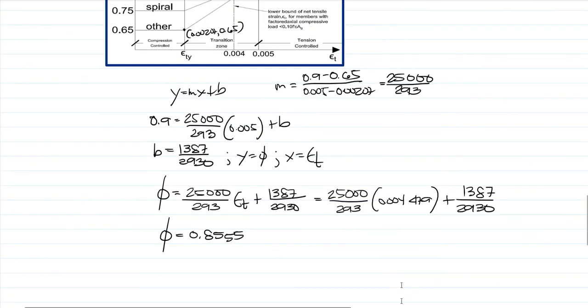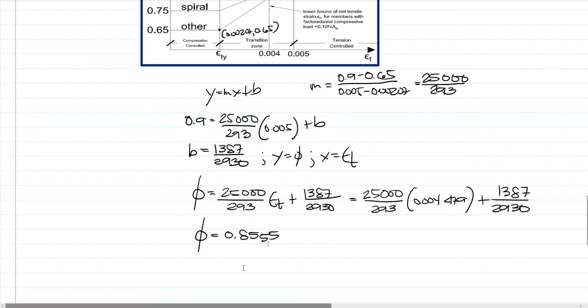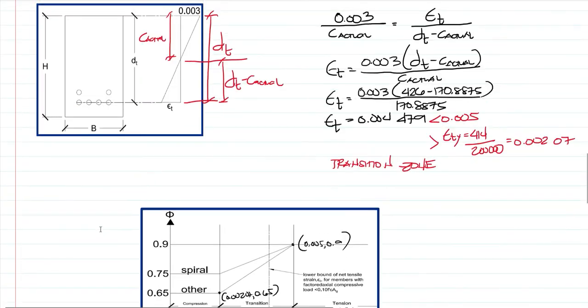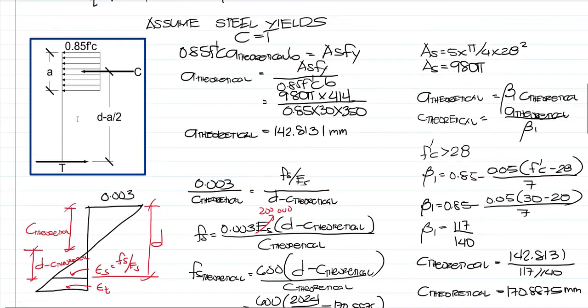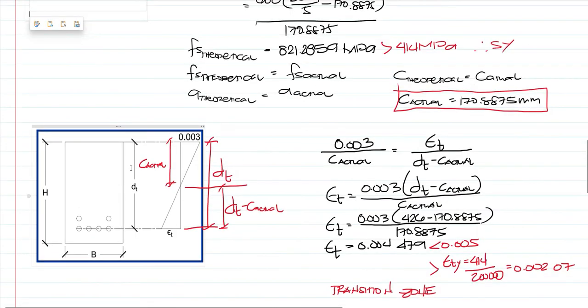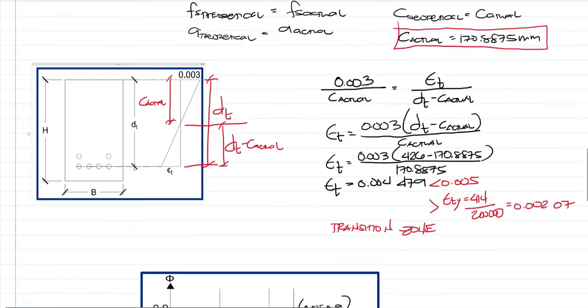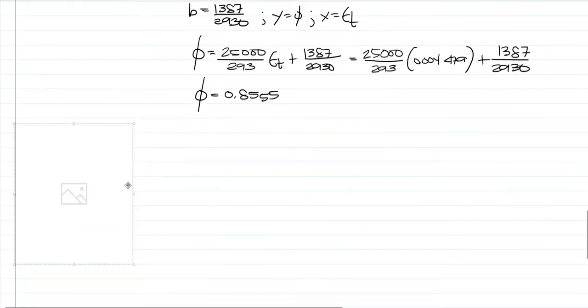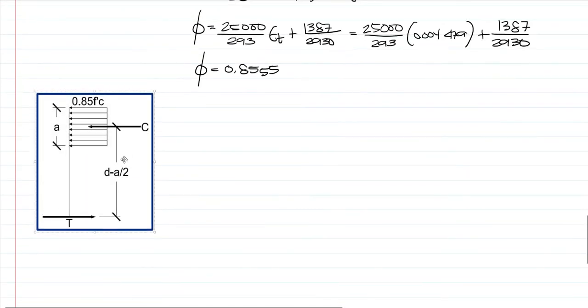So, now we can proceed in getting our nominal moment by using our stress diagram. So, syempre, kunin lang natin yung stress diagram sa taas. This is just the same. So, itong stress diagram na to, ito ngayon yung gagamitin natin to get the nominal moment.